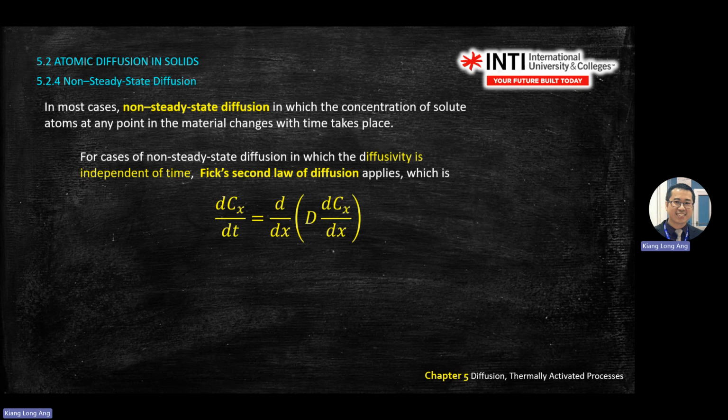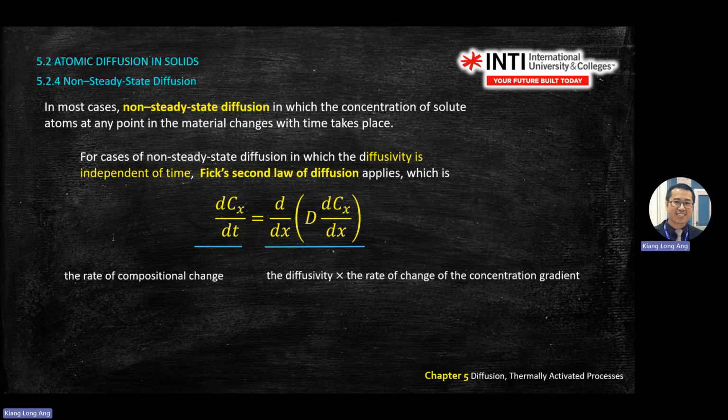The second law of diffusion gives you this equation: dC/dt equals D d²C/dx². On the left-hand side is the rate of composition change in the x direction, or in the thickness, over time.